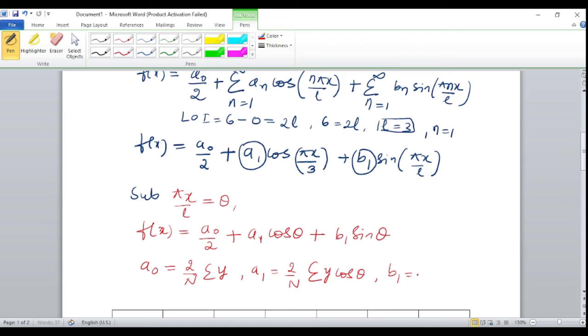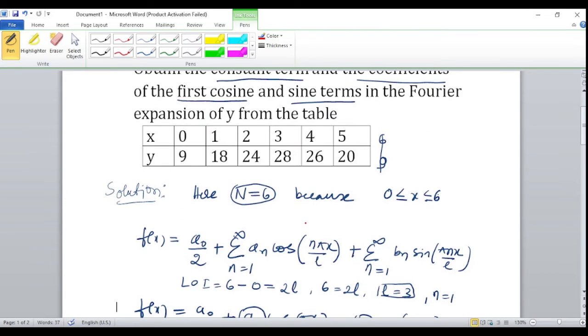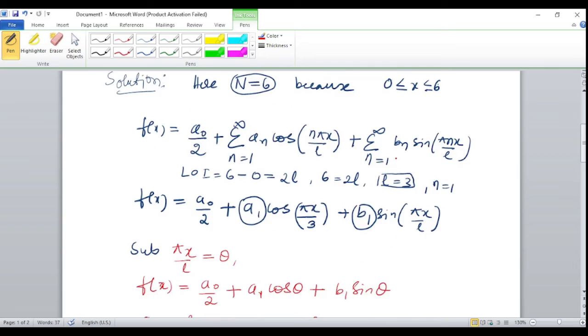Similarly, b1 is equal to 2 by n summation of y sin theta. Now let us construct a table first, then we can observe later.